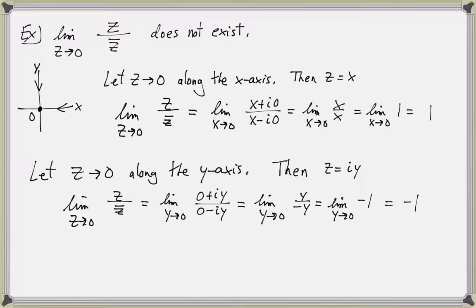So we see that this can never occur if the limit of z over z bar existed, because you can't have two different limits as z approaches 0 from two different directions. So since a limit is unique, as we just proved, we conclude that this limit does not exist.